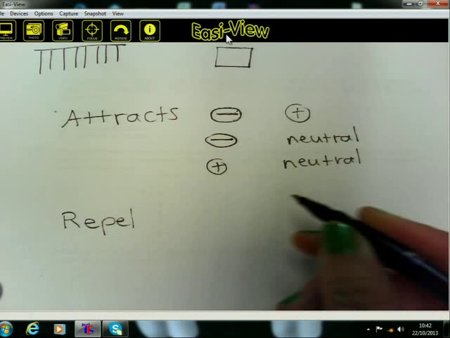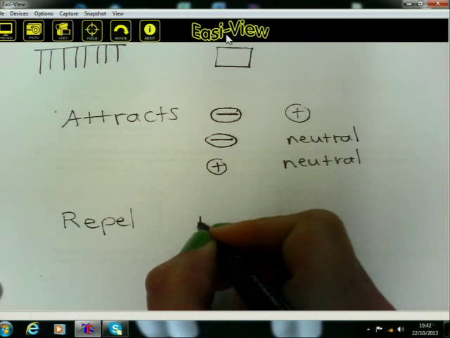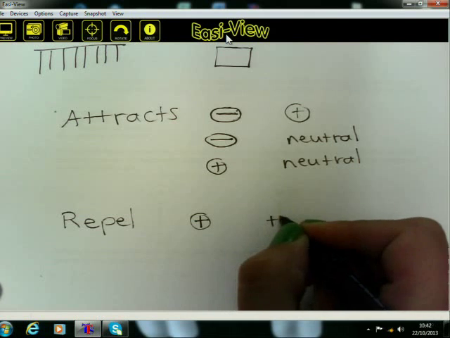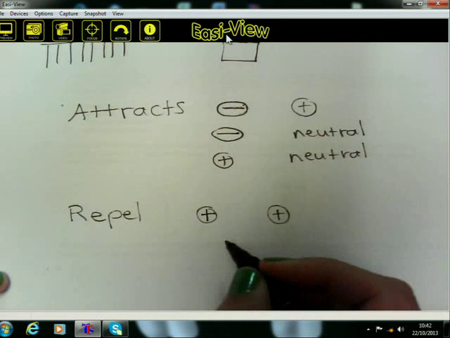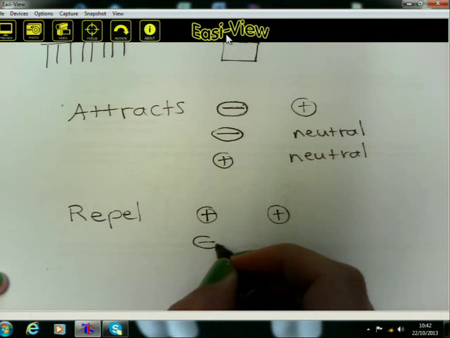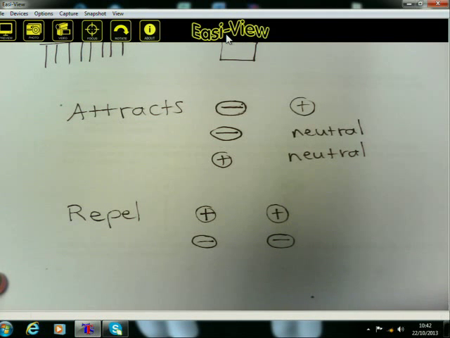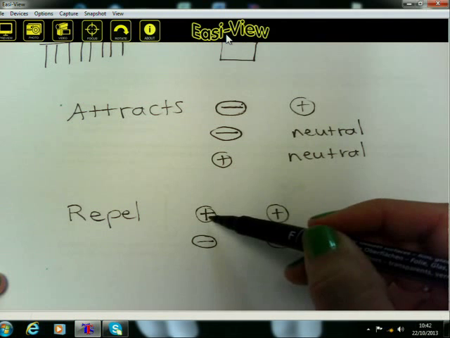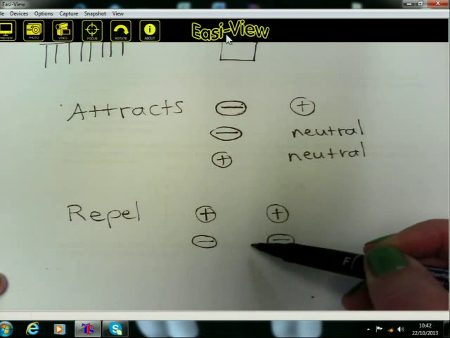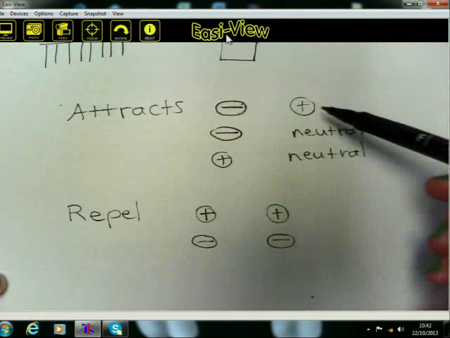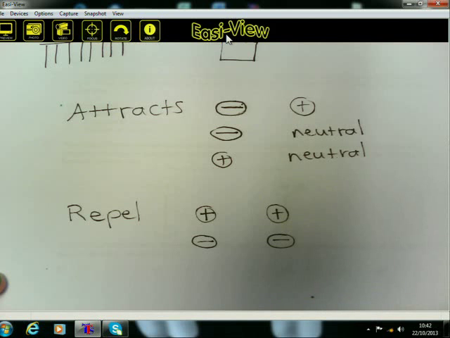Charges that repel each other: positive and positive, negative and negative. These will repel each other, those will attract each other. So I'll quickly write that down, and then we go back to the problem.